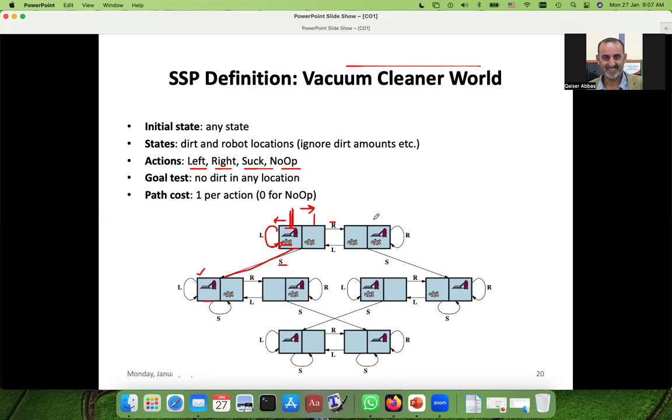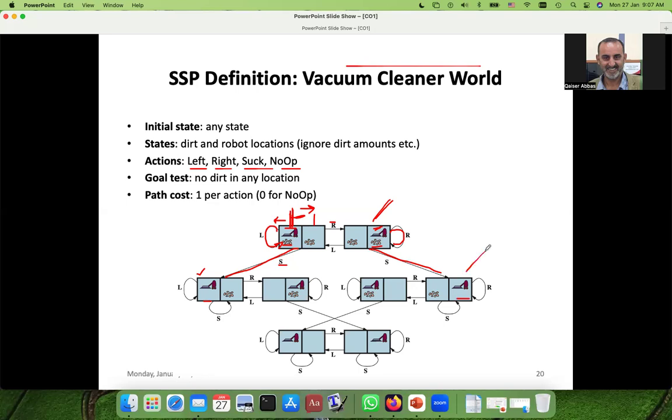Now this is finished, you have considered all. Now look over here. If you perform right, this is the loop, which means the agent would be here at the same location. If the agent performs sucking, you can see this dirt will be cleaned, and you are not seeing any dirt here.